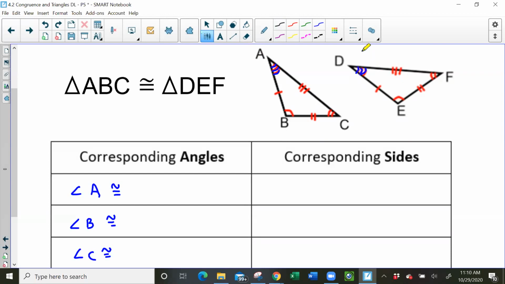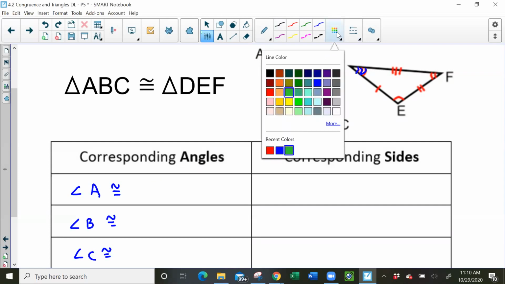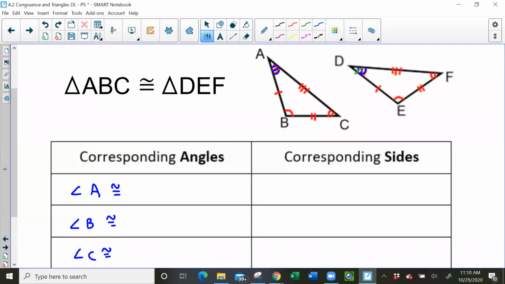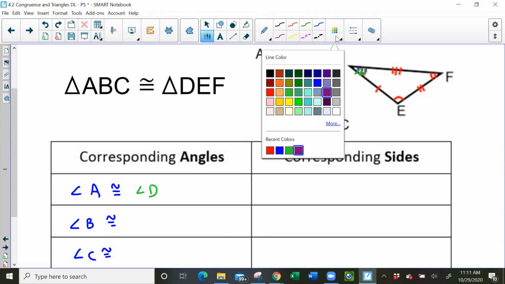And that is going to be angle D. So then let's look at angle B. Let's try purple.